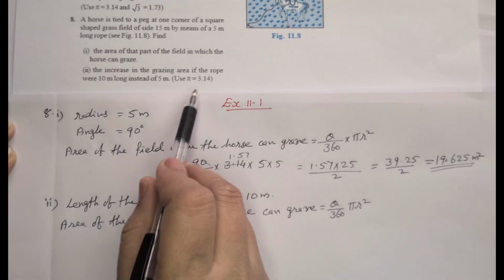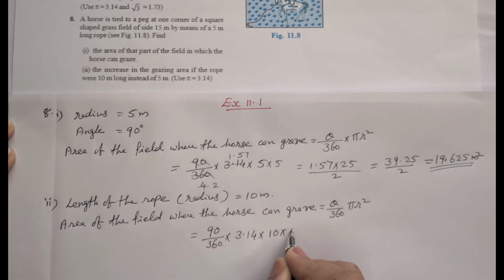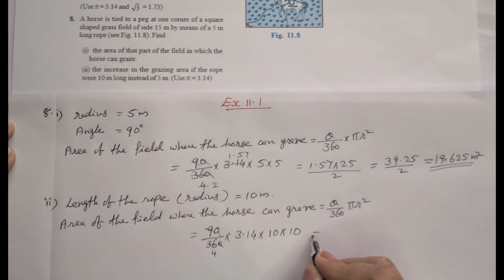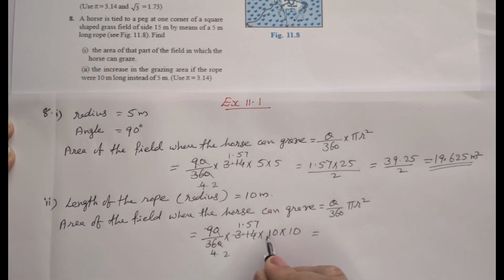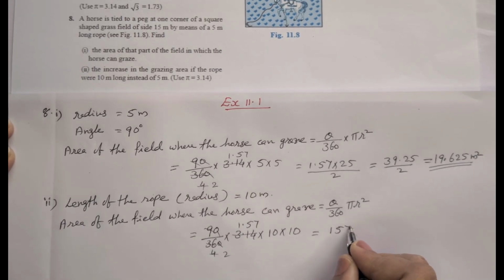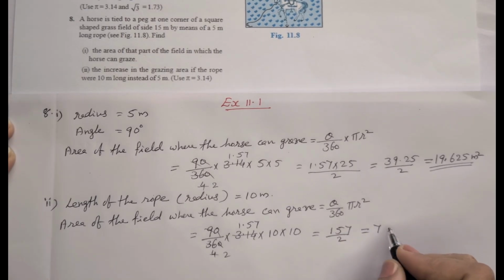Pi we take as 3.14 and radius 10 meter. Here 4 times 9. When we divide by 2, we get 1.57 and multiplying by 100, 157 by 2, that is equal to 78.5.